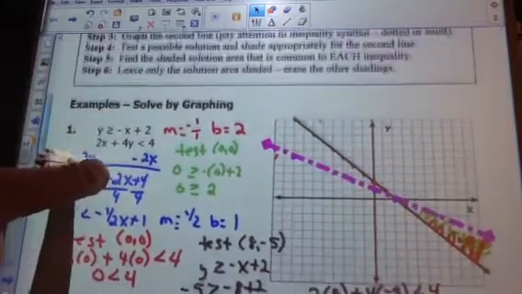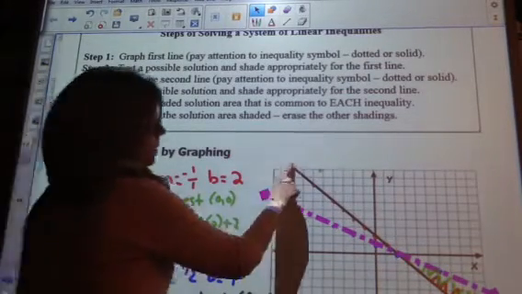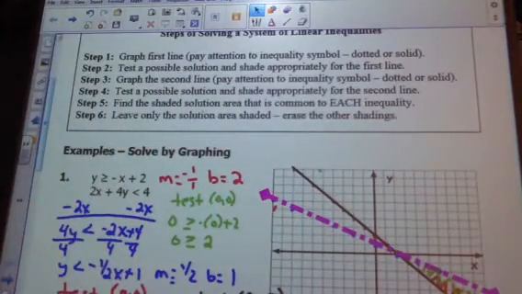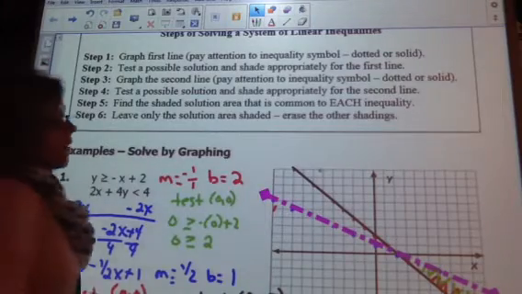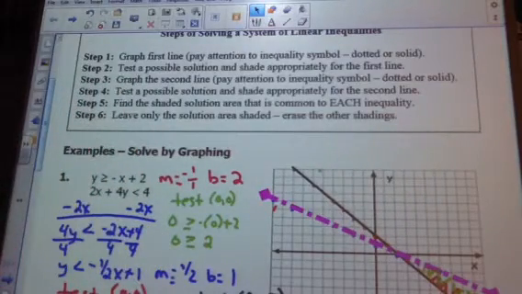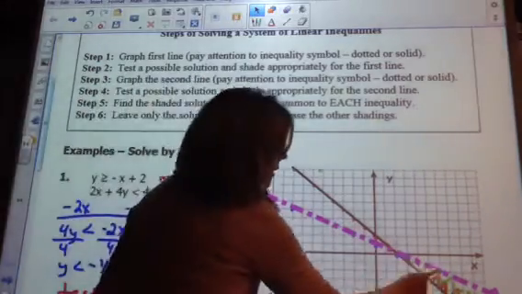Alrighty, let's go back up to the steps. Graph the first line. Pay attention to the inequality symbol, whether it's dotted or solid. The first line is this black one, and it was solid because it's greater than or equal. Test a possible solution and shade the appropriate area. We did that, it was green. Graph the second line. Pay close attention whether it's dotted or solid. It's less than, so it is dotted.